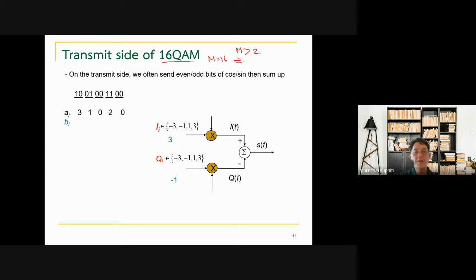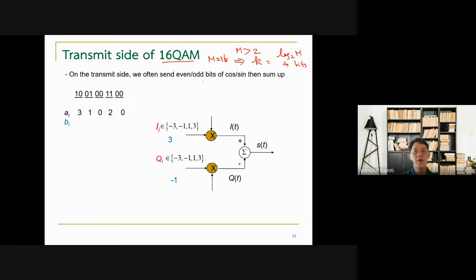How many bits do we send at a time? So M is 16. What is K? 4. Yep, or it's log base 2 of M, which is 4. So for this modulation scheme, we send 4 bits at a time.